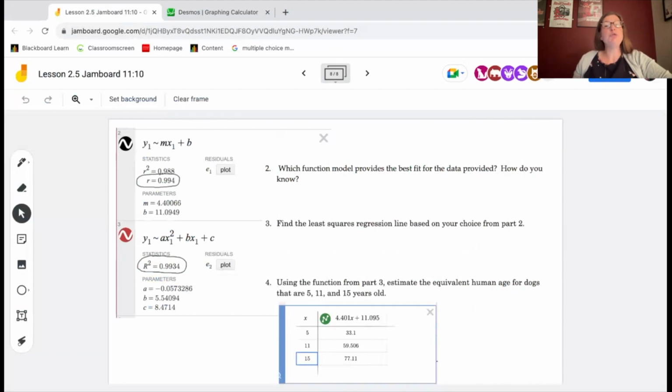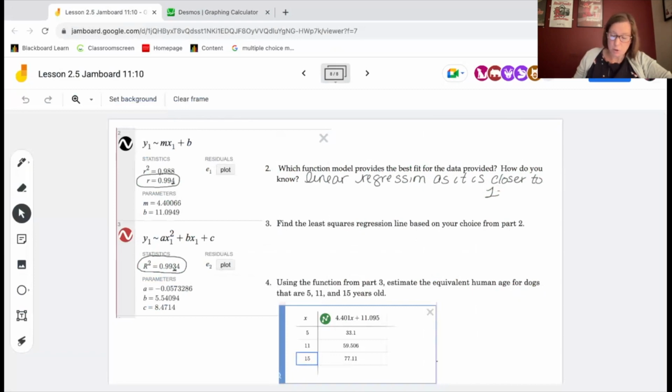So we certainly could use either or. However, when I'm looking at the thousands place, the linear line is just ever so slightly better for us. So I'm going to say that we're going to use the linear line, linear regression, as it is closer to 1.